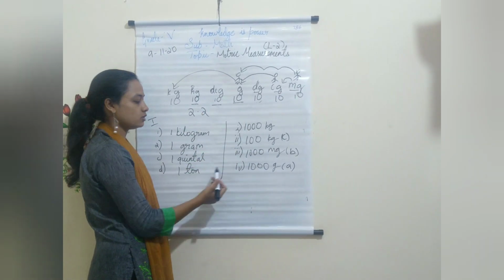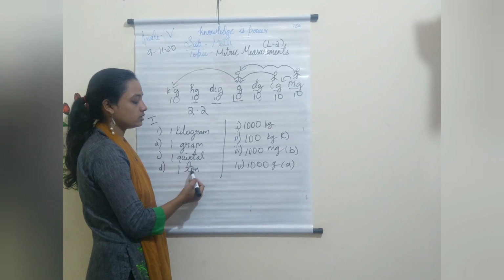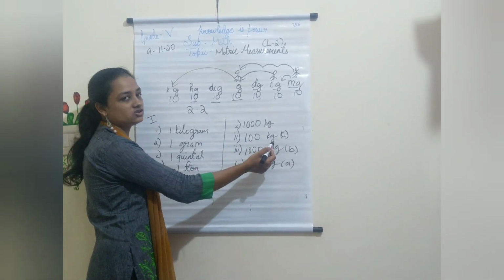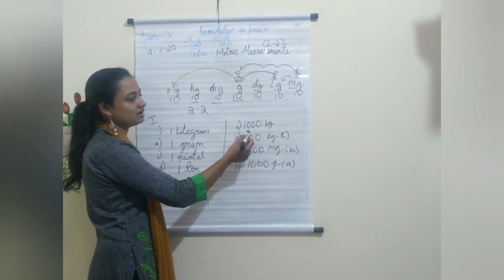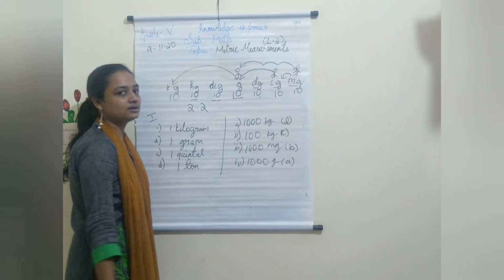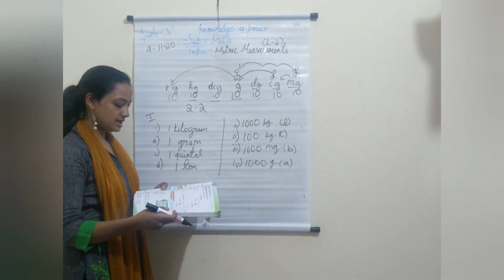Apart from these, you have units called quintal and ton. 1 quintal is 100 kgs and 1 ton means 1000 kgs. Keep this in mind.